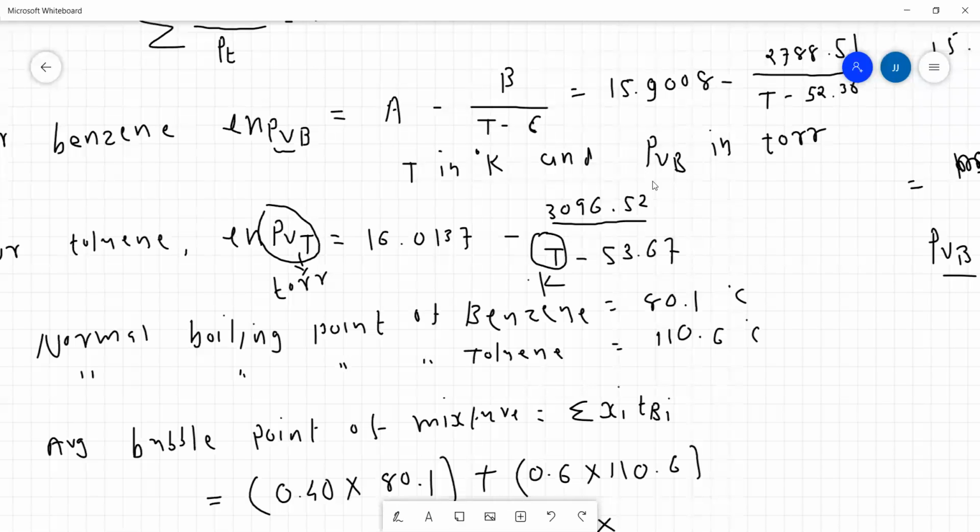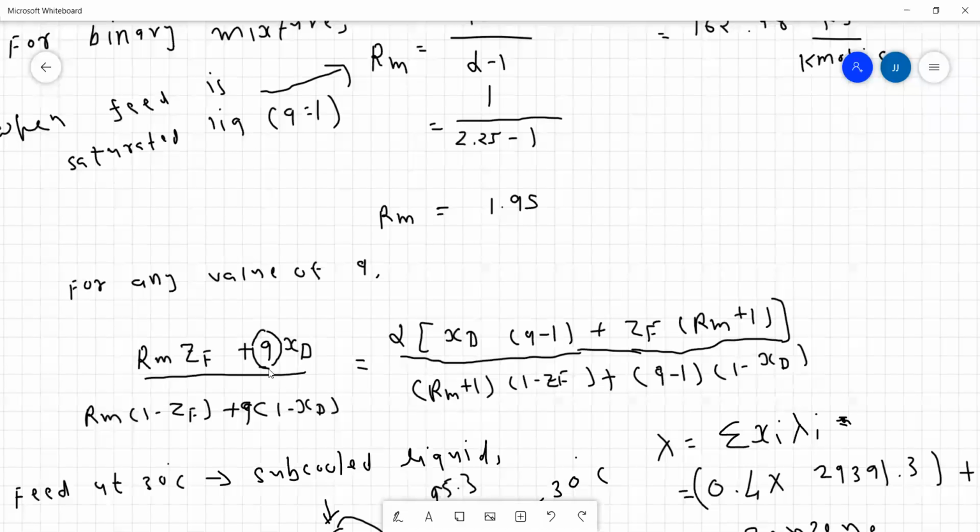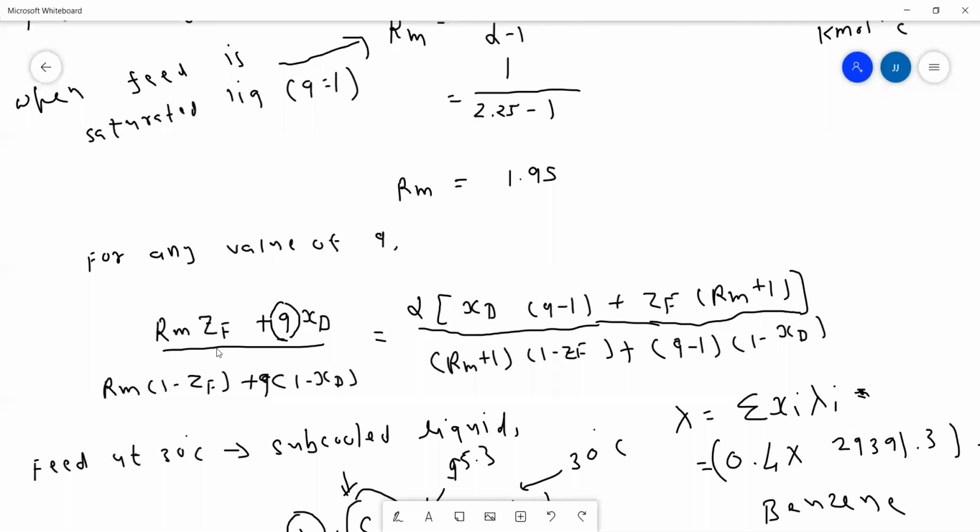The main equation, this equation. But as you can see, this is a somewhat complicated equation. So you need to rearrange this equation, and by trial and error you have to find the value of Rm.